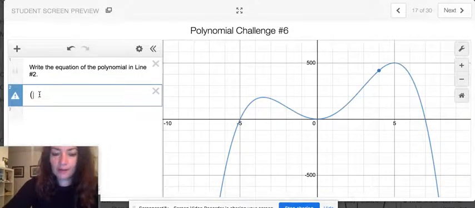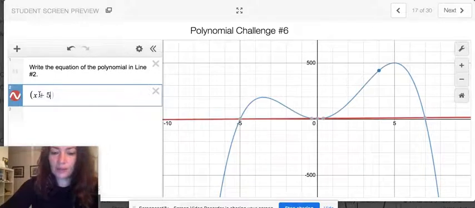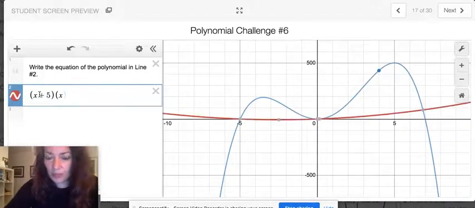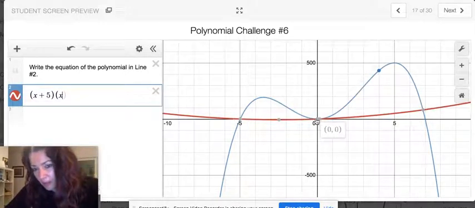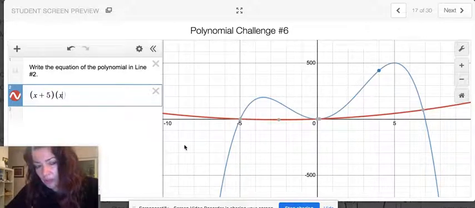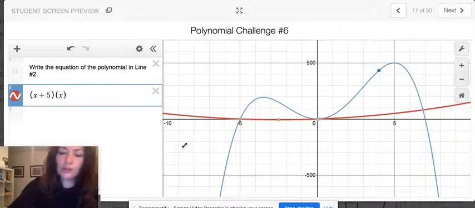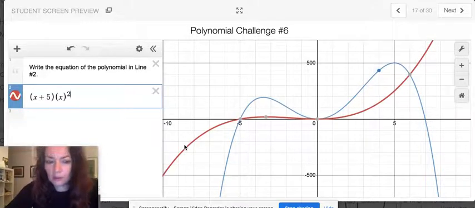So we have x plus 5, and then a bounce, which would mean degree 2 at x right here equals 0, so we can just say x raised to the second power. I did put it in parentheses.